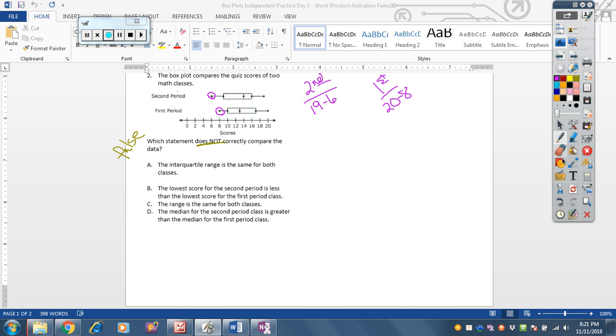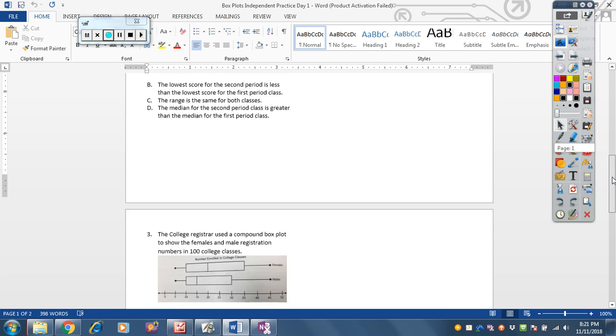And D says the median for the second period class is greater than the median for the first period class. So you got to look at the medians and find out which one is true. Remember, you're looking for the false statement on that one.